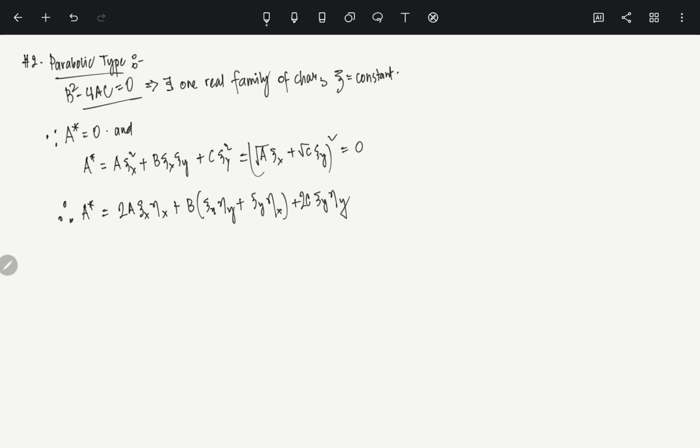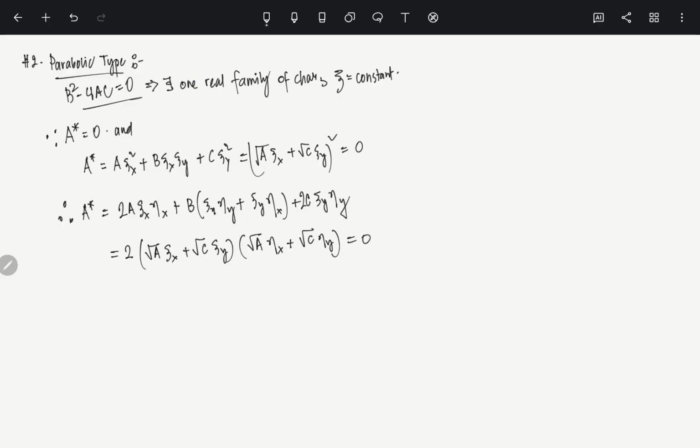We can write this as 2 times root a xi x plus root c xi y, times root a eta x plus root c eta y, and this is going to be 0.